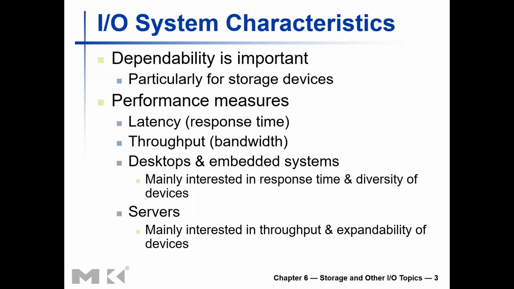Performance measures. When you think about an IO system, you will consider the performance measures. The different measurements are there for performance: latency, throughput. We have already talked about them. And when you think about embedded systems, we are interested in response time, and the expectation of the response time is not the same because of the diversity of the devices.